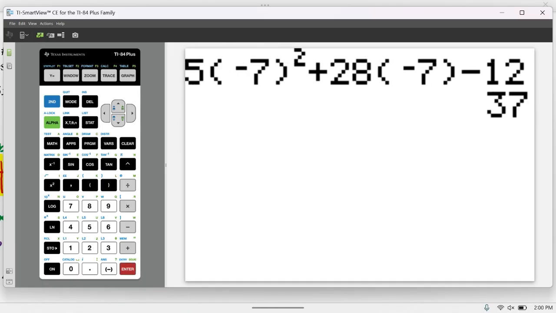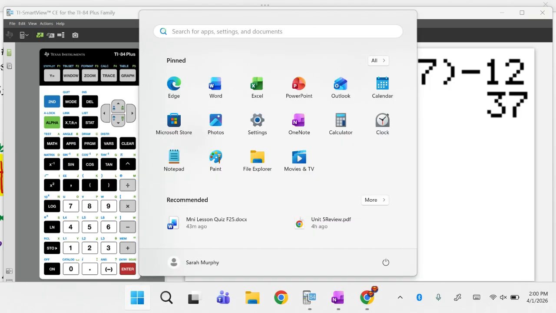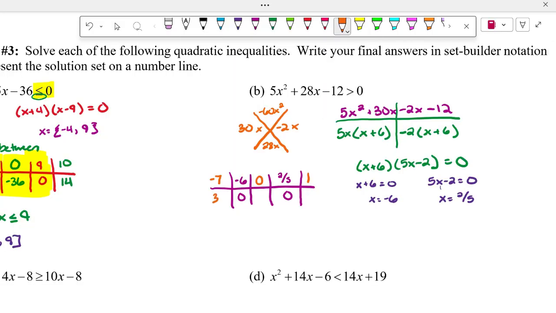So yes, it is 37. Where is it at 0? That should be easy. Negative 12. 1. So that's 5 plus 28 minus 12. Let's see, that's 33 minus 12, that's 21.